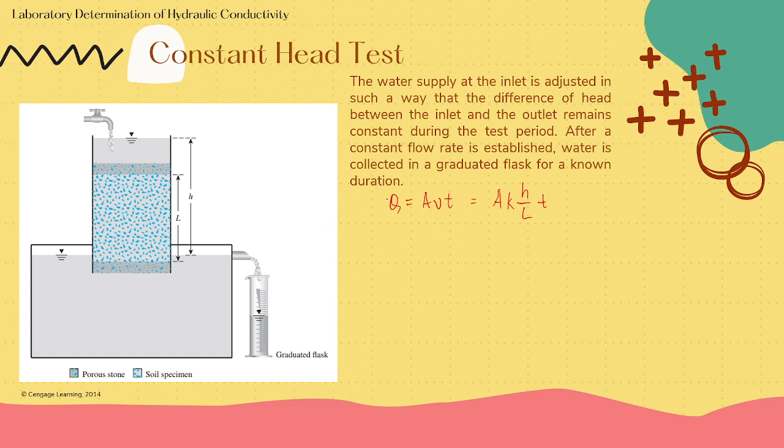This does not refer to discharge but the volume of water collected rather. So Q is the volume of water collected. If this pertained to discharge, we would not have to multiply it by time. But in this equation, this Q pertains to the volume of water collected.